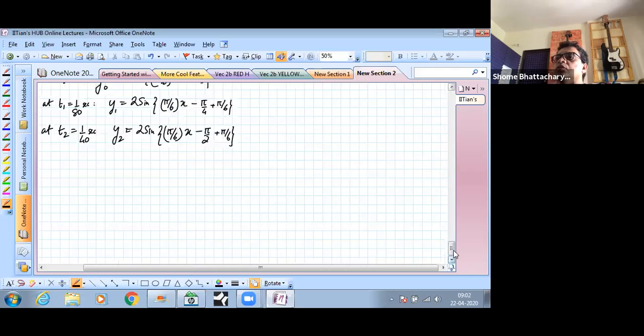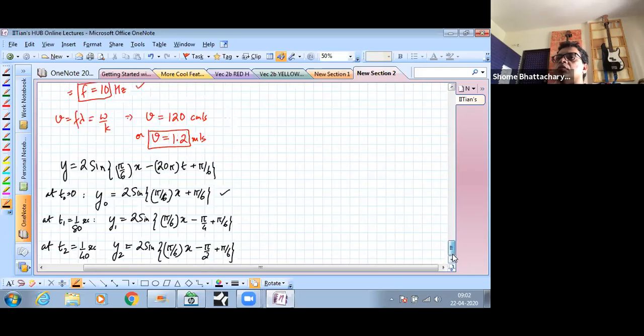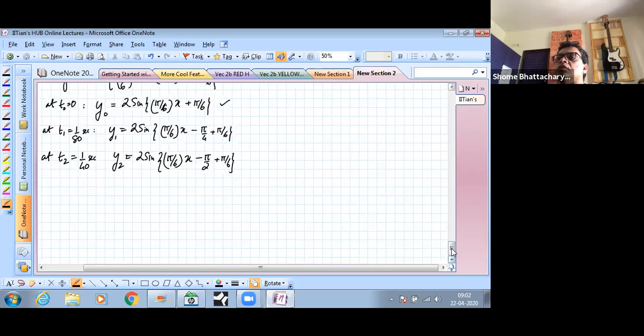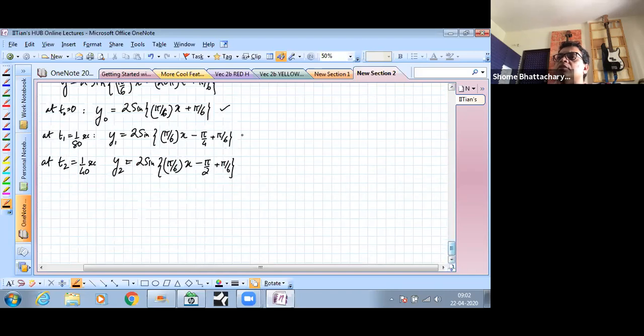So these three equations represent the individual graphs that we have to plot for the individual snapshot pictures. Okay, so let's see how that works out.